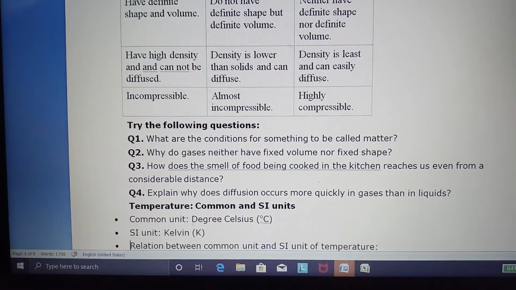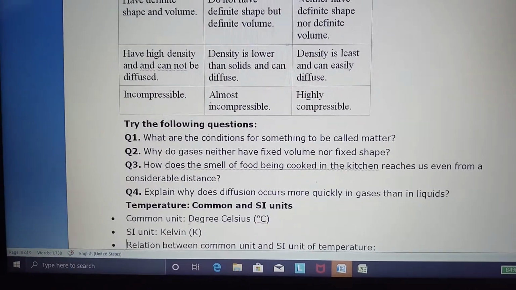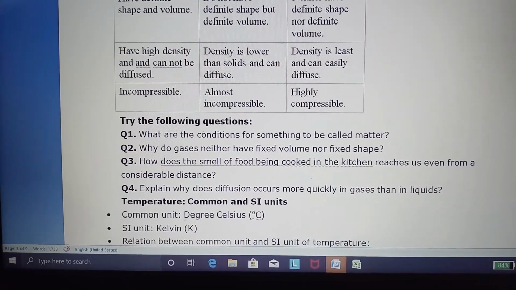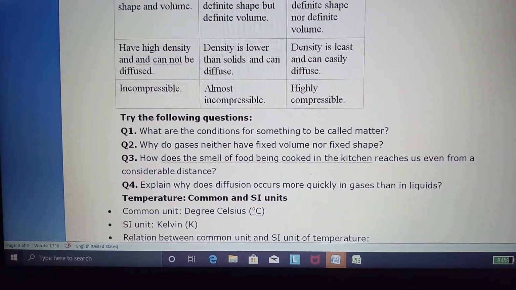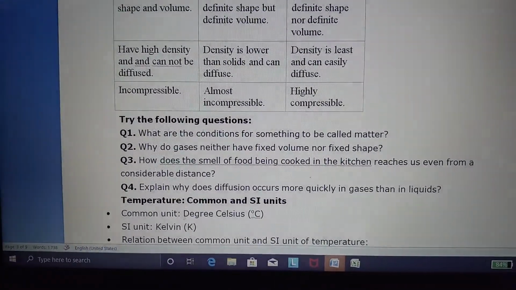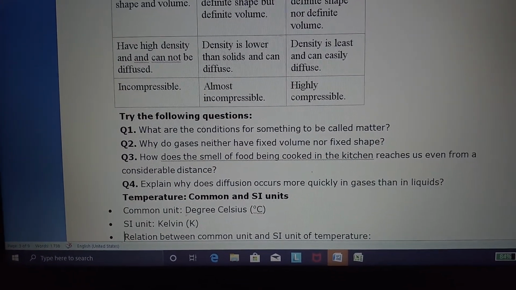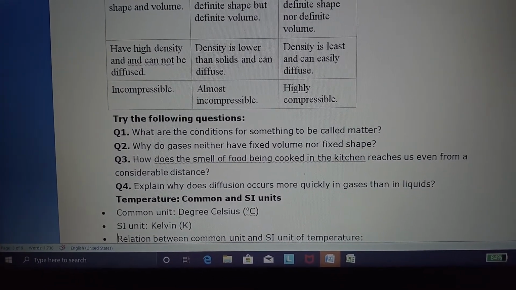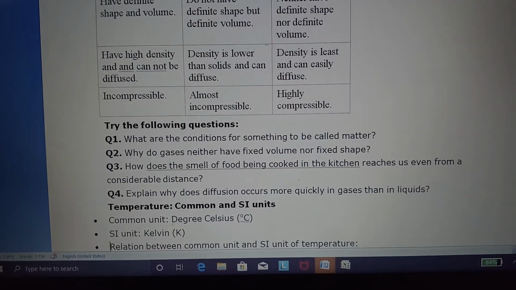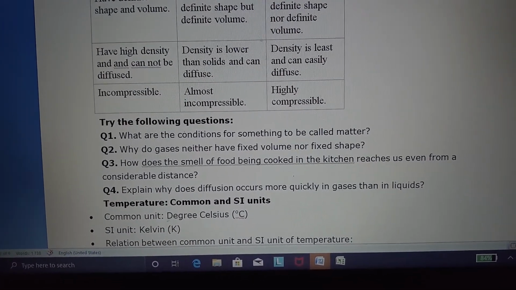What are the conditions for something to be called matter? So what are the things that are necessary to call it matter? Why do gases have neither fixed volume nor fixed shape? How does the smell of the food being cooked in the kitchen reach us even from a considerable distance?